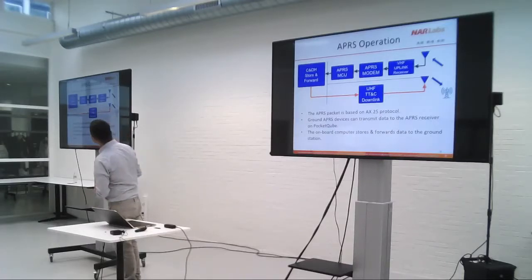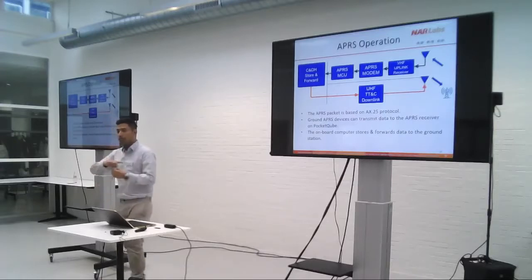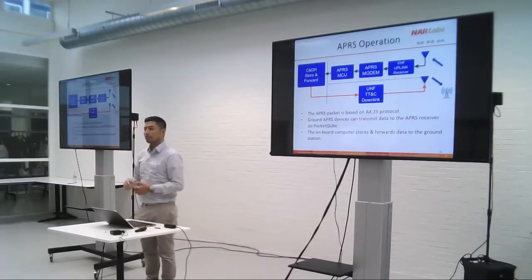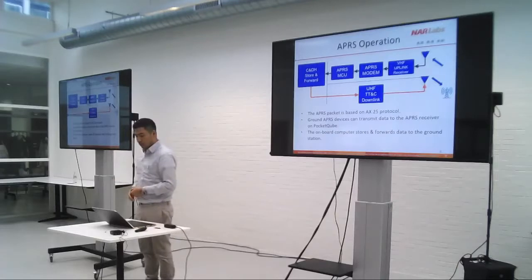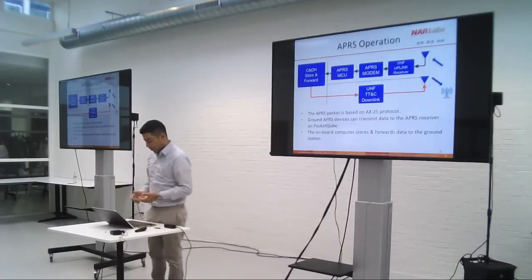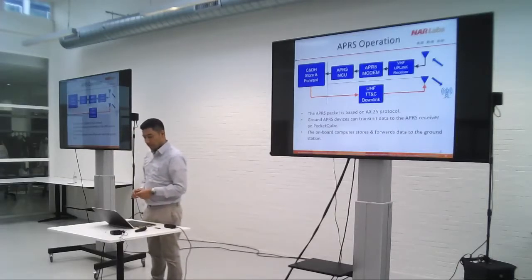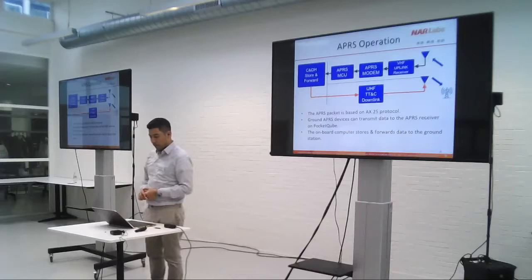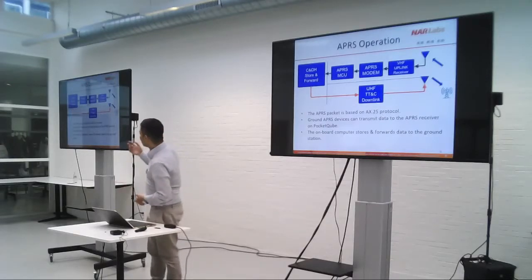Then you have the APRS modem, MCU controller, data handling, and then downlink to the ground station after the next pass. So it's a store and forward concept, and this uses the AX.25 protocol. This is more like digital communication, and that's the basic concept.